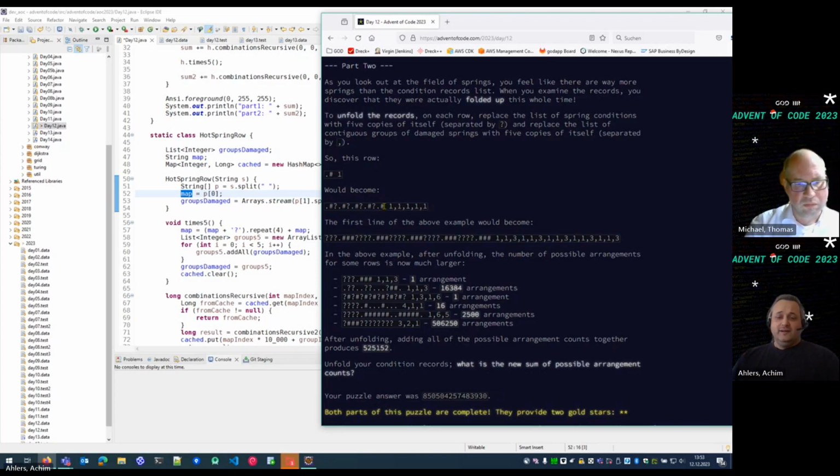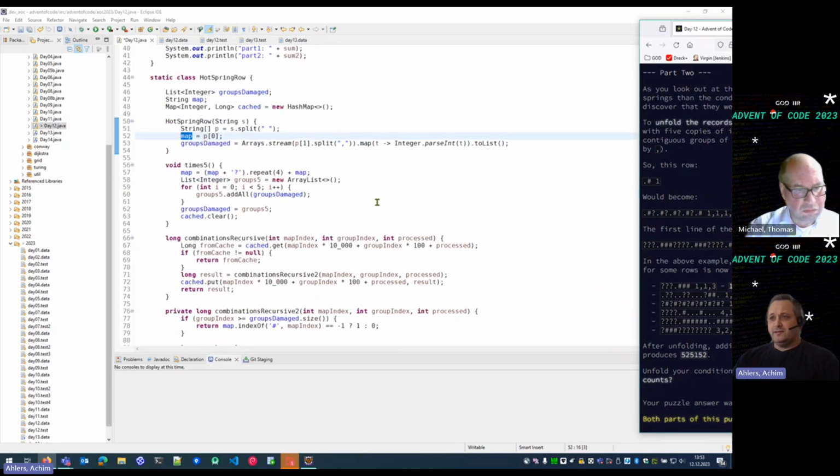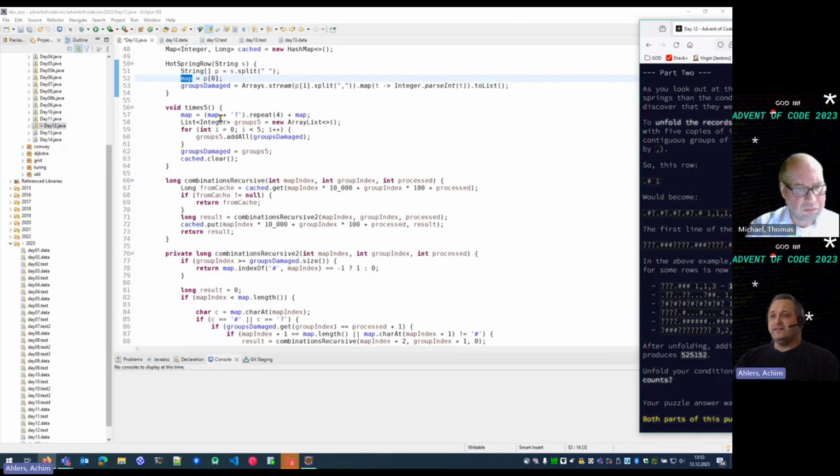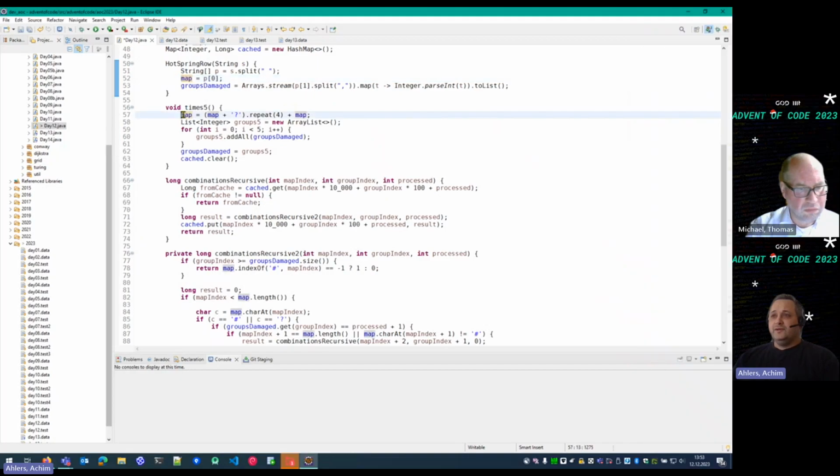As a joining element, I have code for that. Here it is. So we take the original string here and add a question mark, repeat it 4 times, and add the string another time.